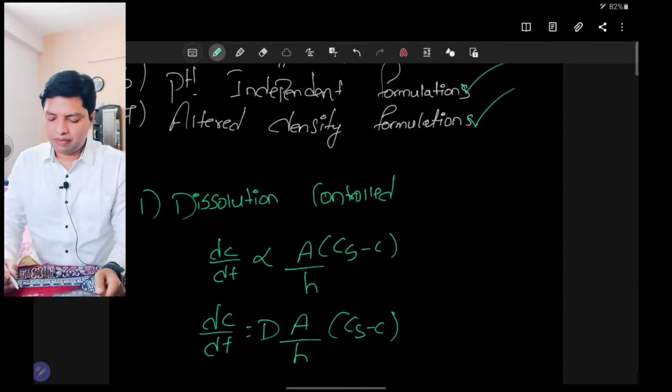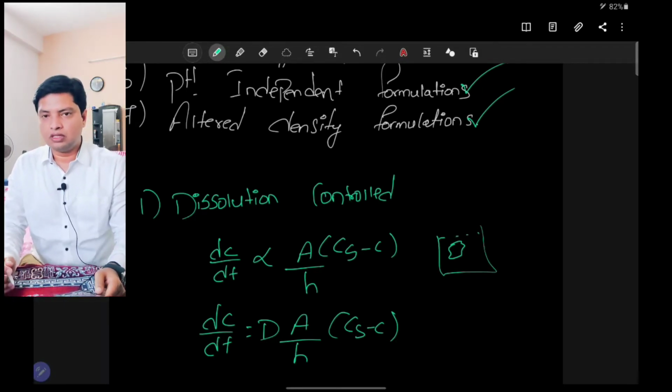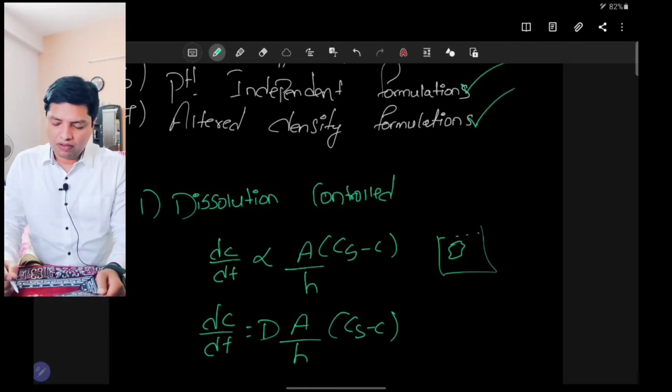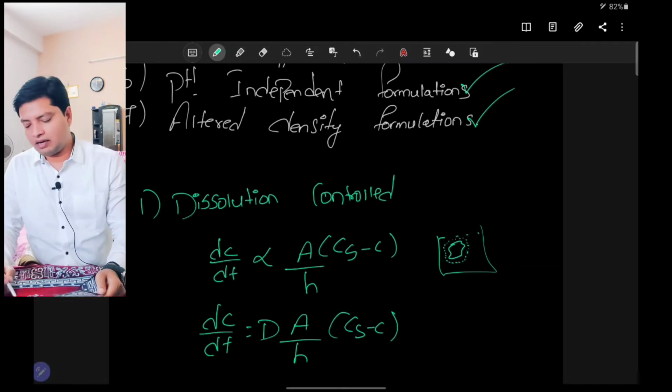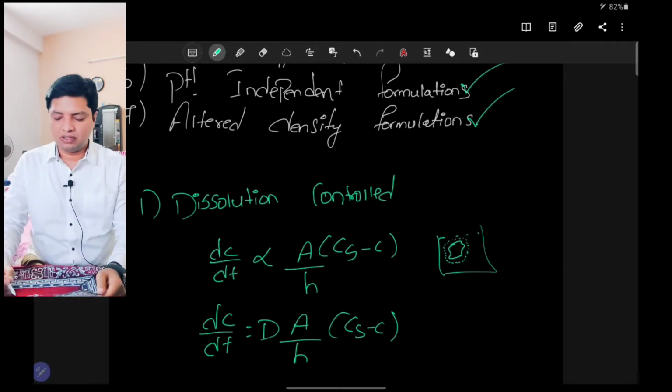So what this is representing is, assume that there is a drug in a solution. In a beaker I will put the drug. After some time, if it is in any dissolution medium or water, there will be a layer around the drug. The drug will come out, stay in this layer for some time, and then go into the bulk of the solution.